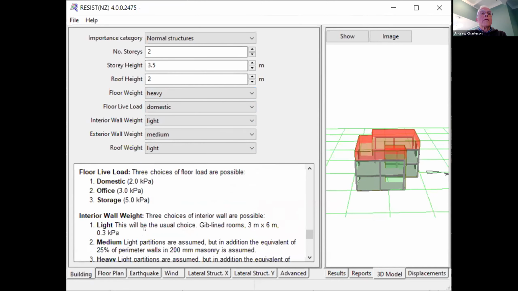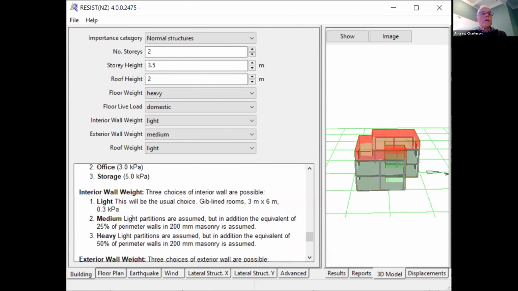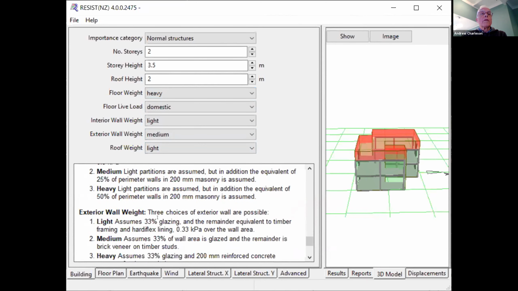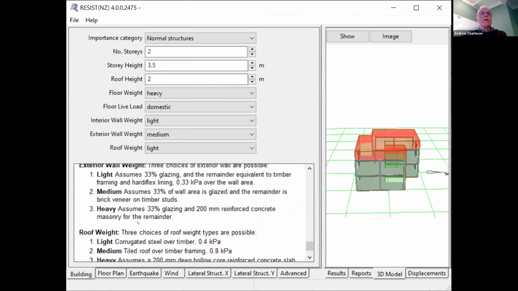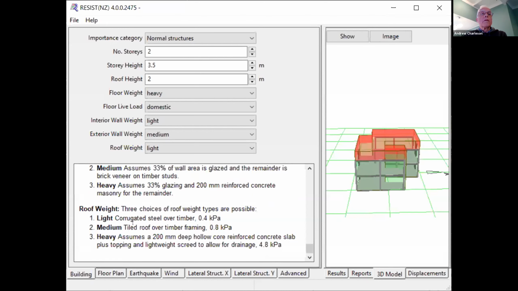The interior wall weight is light. Actually, I'm still not really quite understand the difference between these two. Maybe because of my vocabulary, and then the exterior wall weight is medium because it's combining between the light and the heavy, and the roof weight is light because I'm using the timber or wood structure.